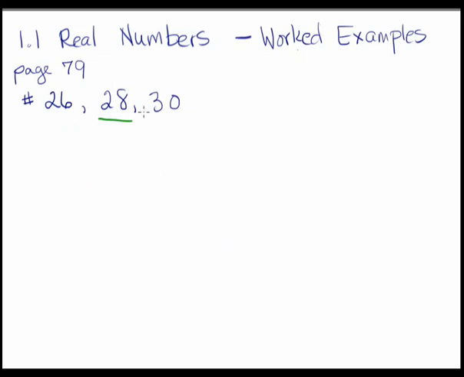In question number 28, I'm asked to evaluate 12 minus the absolute value of 9 minus 3 times the quantity 7 minus 5.